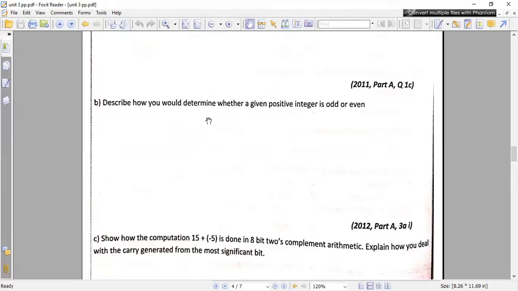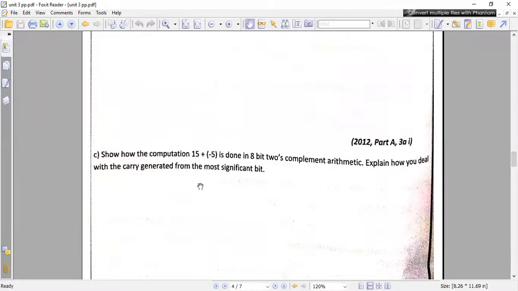Then show how the computation 15 plus minus 5. So in the same way, I will just type the answer that I did earlier. The same way, you have to convert the 15 and minus 5 into binary: 0, 0, 0, 0, 1, 1, 1, 1.